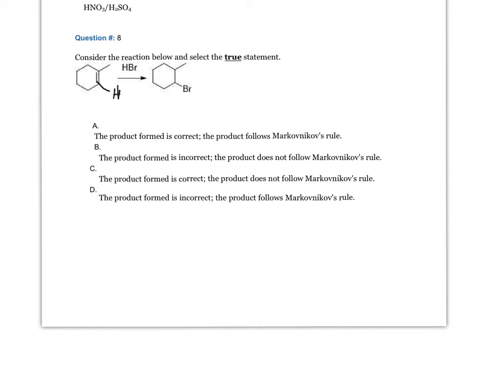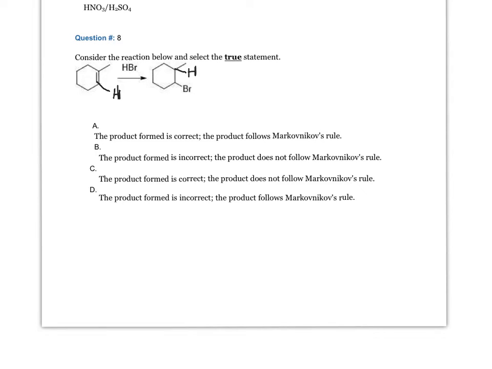So the bottom carbon, where I've drawn the hydrogen, that's the hydrogen-rich carbon. Yet in the product, the hydrogen from HBr was added to the carbon that is less hydrogen-rich.